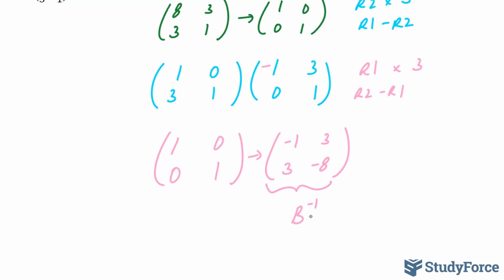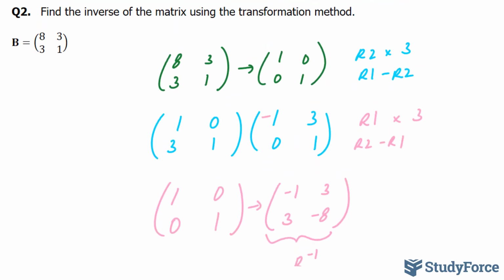How do we know we've done this correctly? Well, we'll take our matrix 8, 3, 3, and 1 and multiply it to negative 1, 3, 3, and negative 8. Let's see what we get. 8 times negative 1 is negative 8. 3 times 3 is 9.